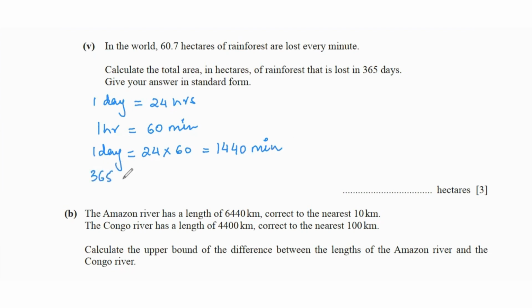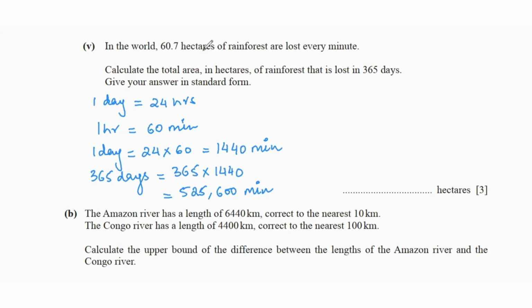So 365 days will have 365 times 1,440, which is basically equal to 525,600 minutes. So now we have to find the total area lost in these minutes.